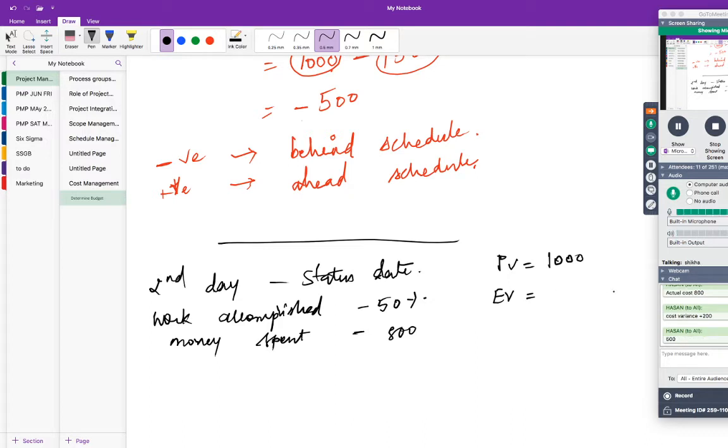The total work's overall value is 1,500. So 50% of 1,500 will be equal to 750. Okay. So what is the actual cost? Actual cost is 800. Correct. So now you have got all the required values.